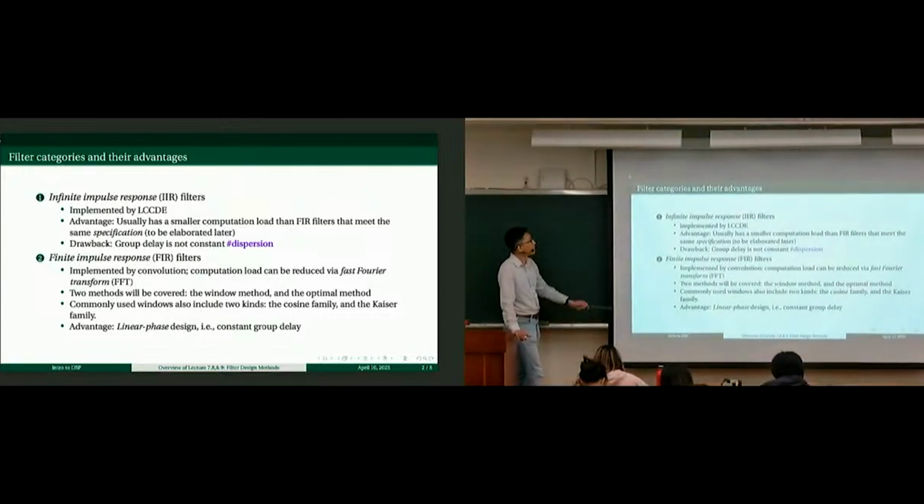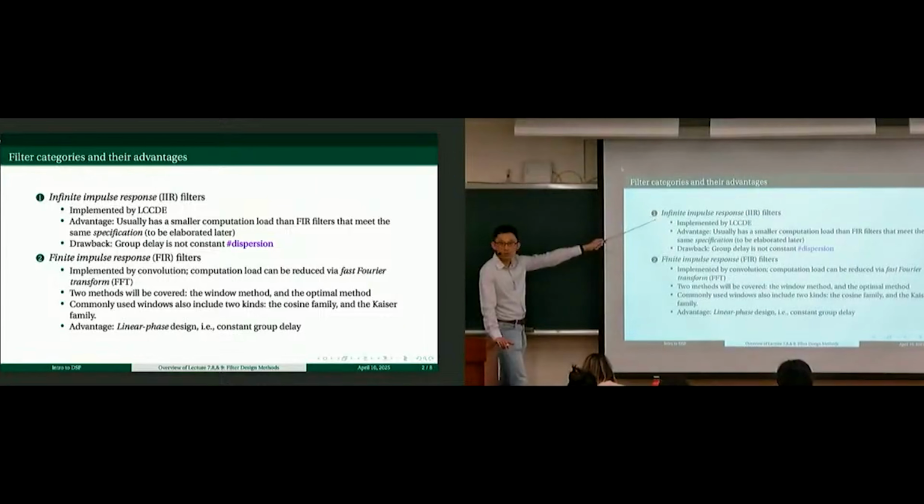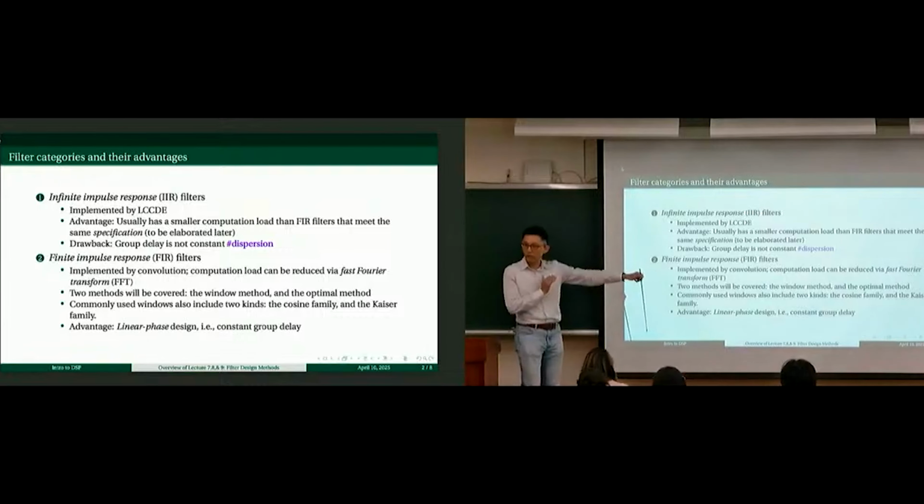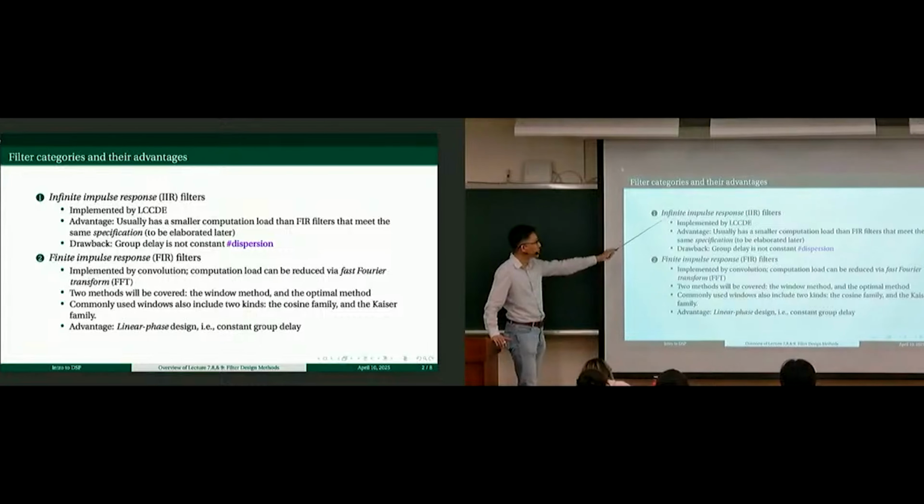Literally, the name suggests the definition. What is the definition of an infinite impulse response filter? That means the filter's impulse response lasts forever, lasts infinitely in time. That's the definition of IIR. The filter will have an infinitely lasting impulse response. A finite impulse response means the opposite.